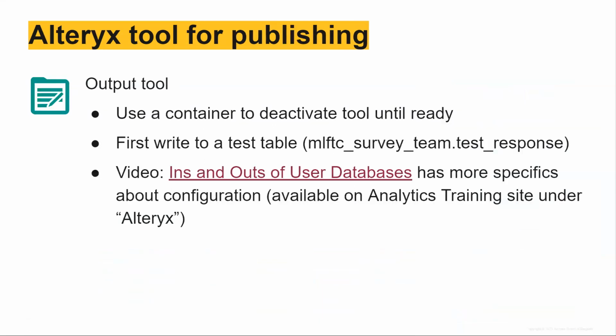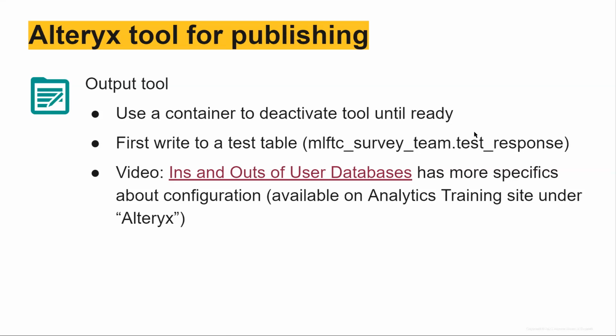All right. The final step in our data wrangling process is publishing. Alteryx has an output tool. You can output to an Excel file, various other kinds of files, or to the AUDB database. I already mentioned using a container to deactivate the tool until you're actually ready to populate the database. Another tip I'll give, especially if you're using AUDB, is always output to a test table first.